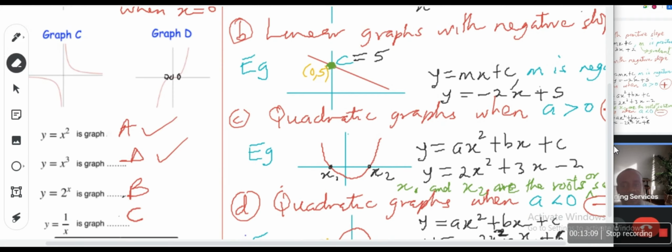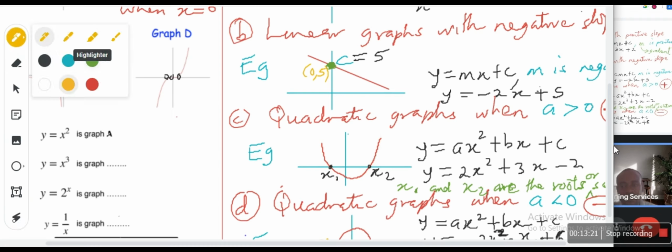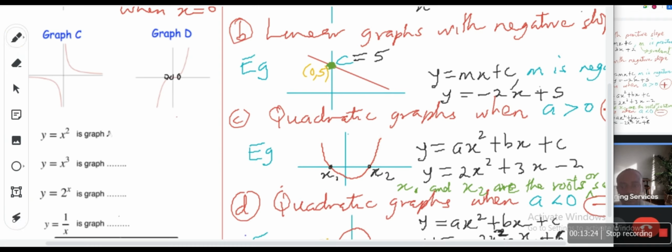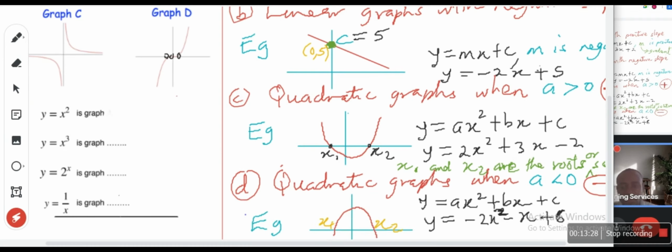Then let's look at quadratic graphs. Quadratic graphs will form a curve. It could be a u or an n.